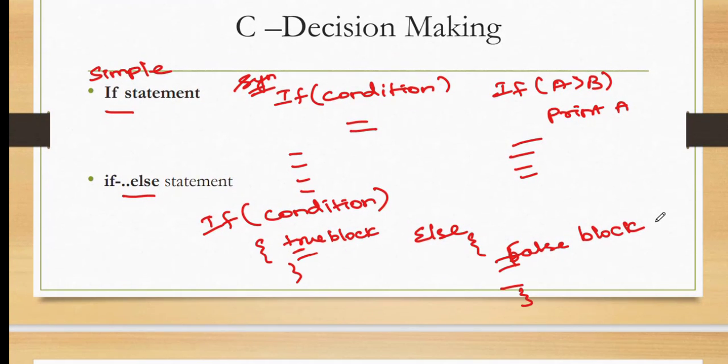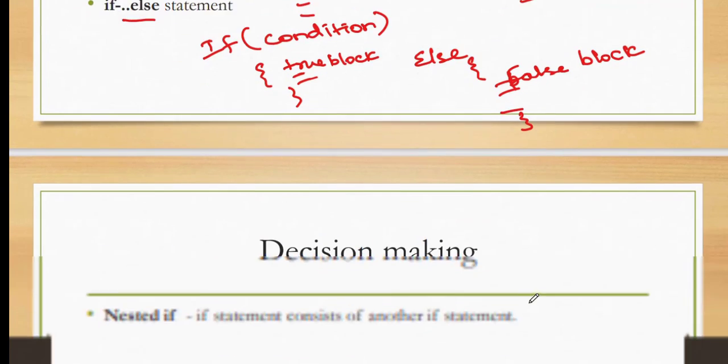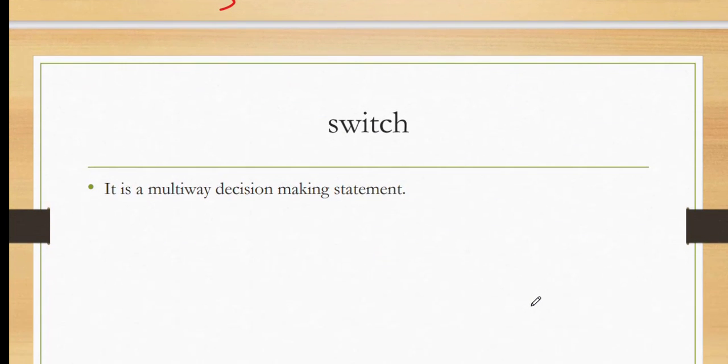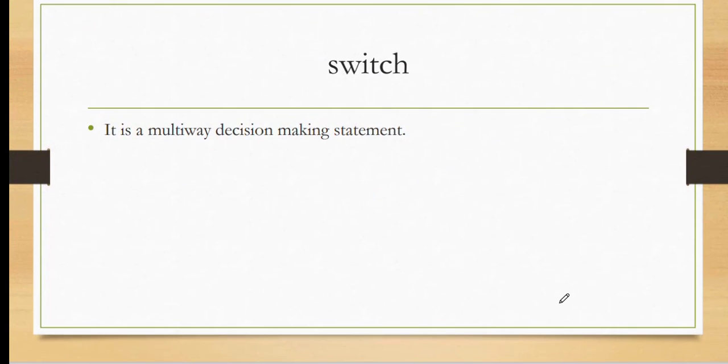If the condition is true, the true block is executed, else the false block is executed using if else. Nested if means the if consists of another if inside.